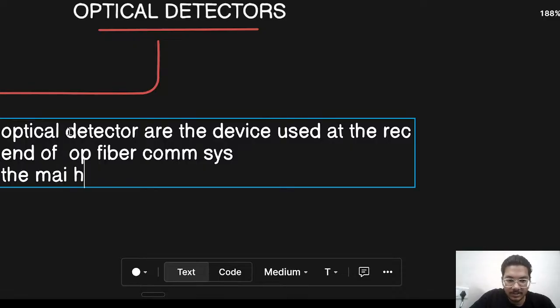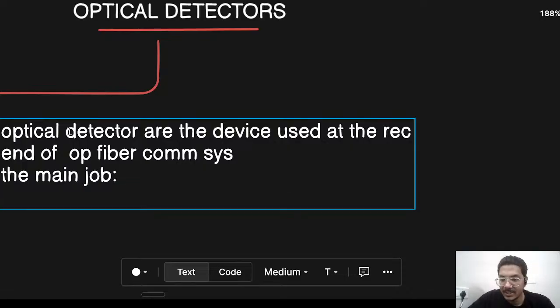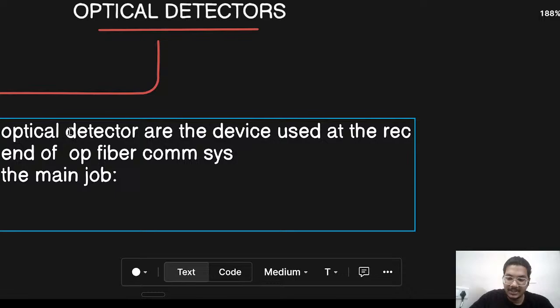The main job of the detector is that it converts the optical power into the electrical signal.